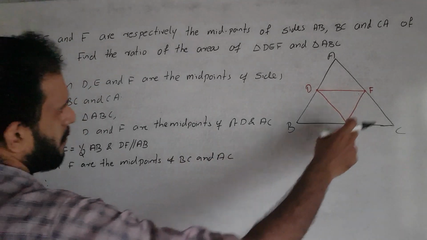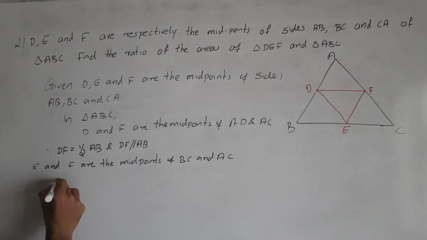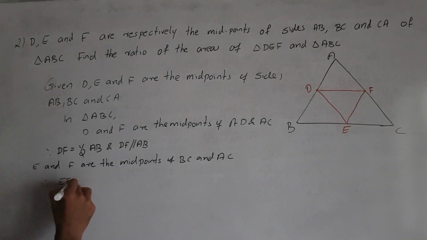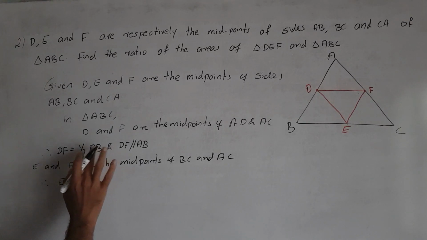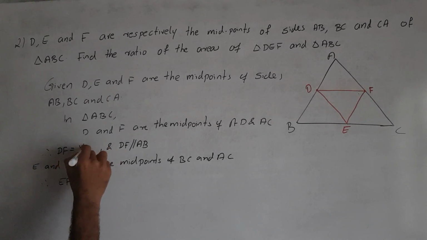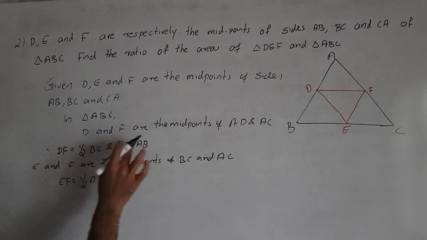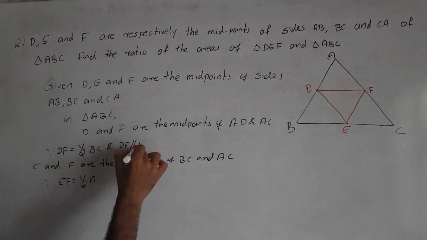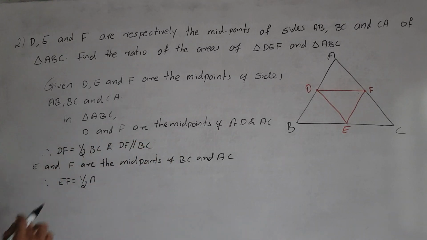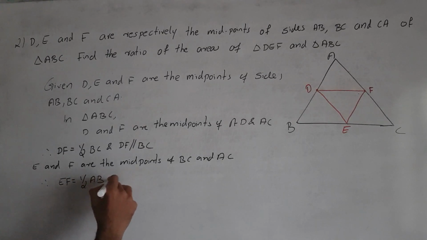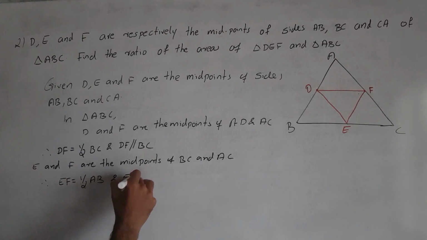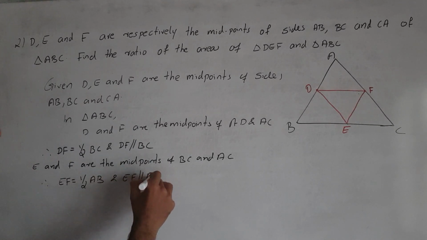Then EF is equal to half of AB and EF is parallel to AB.